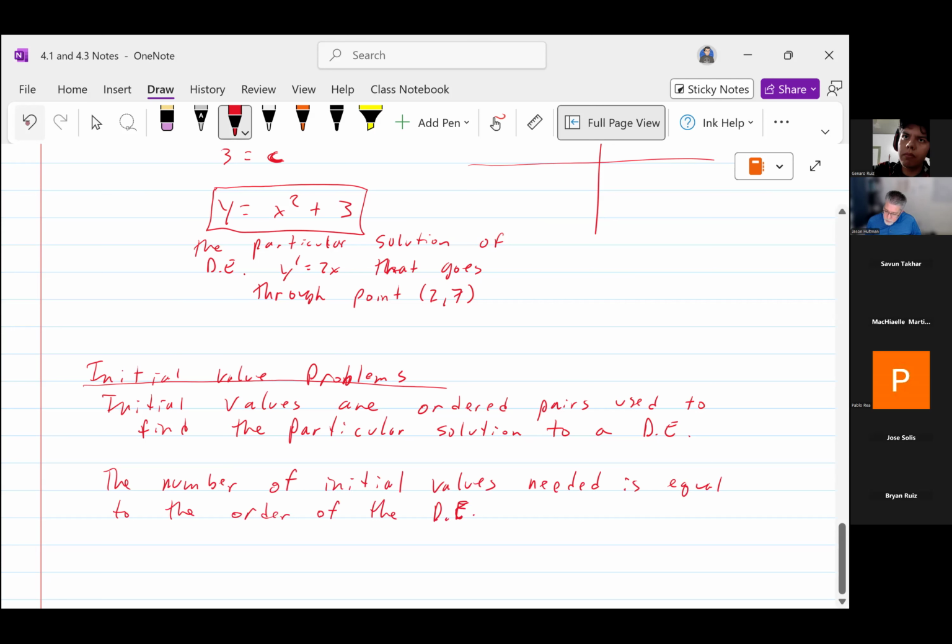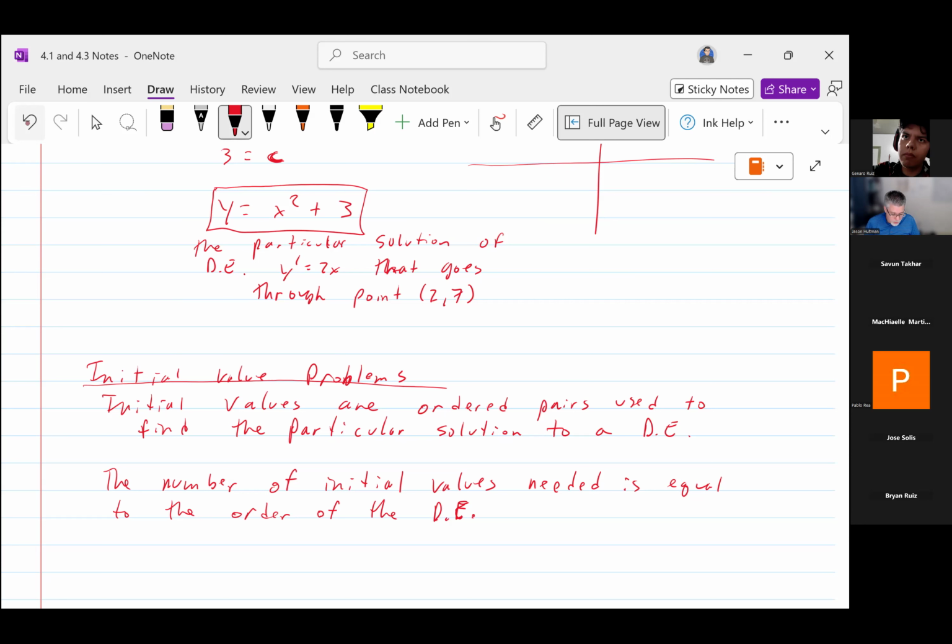Okay, the number of initial values that we need is going to be equal to the order of the differential equation. Meaning that if it's a first order differential equation, I only need one initial value, that 1 point. If it's a second order differential equation, I need 2 values. They could be either of the function itself or of subsequent derivatives. But the number of values that you give me has to be equal to the order. If it's a third order, I would need 3 initial conditions.